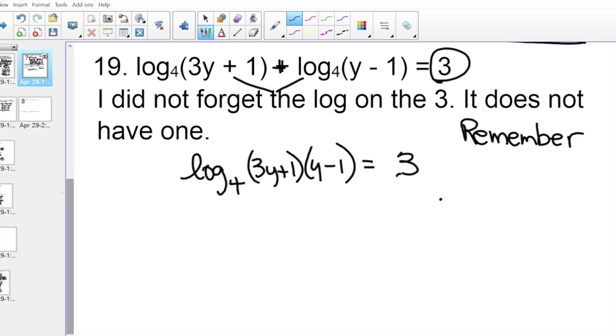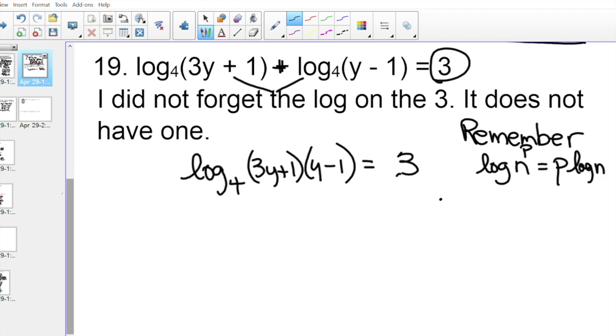Mr. Napier said if you're taking the logarithm of a number raised to a power, you are to put the power equal to the log of the number.